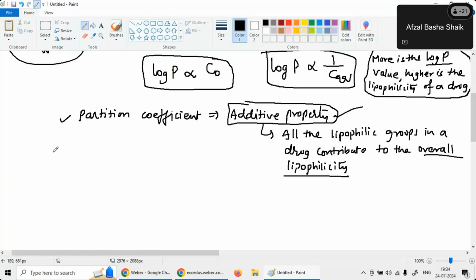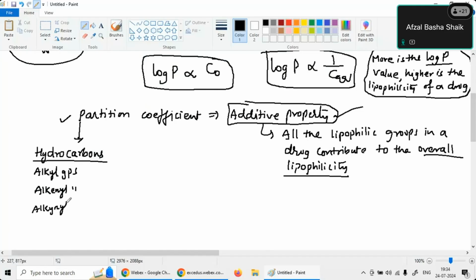So do you know what are the groups that will improve the partition coefficient property? Hydrocarbons. Yes. What are the hydrocarbons? Alkyl groups, alkenyl groups, alkynyl groups, cycloalkyl groups.